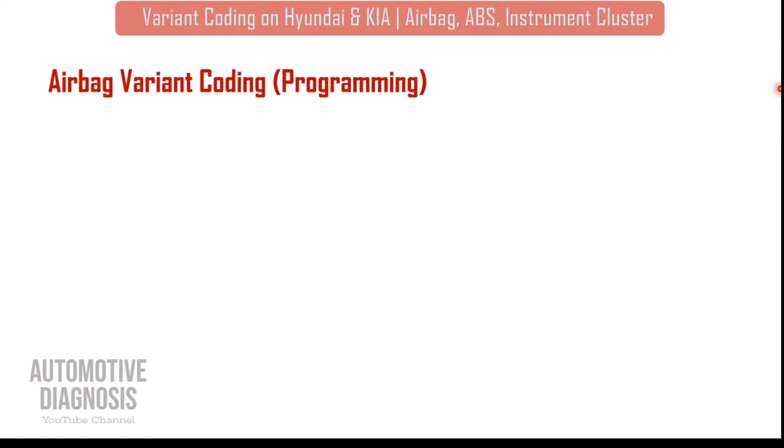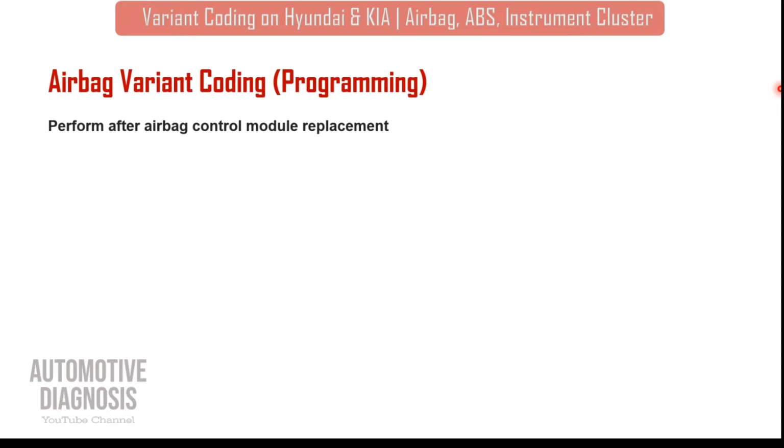So we will start with the airbag control module. Most of the time in the market, everyone calls it programming the airbag control module. But the reason we call it variant coding as well is because this is what you see in the scan tool or in the workshop manual.